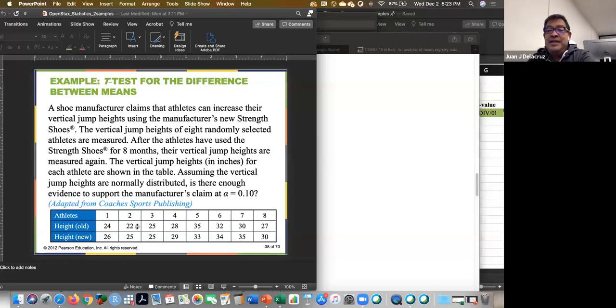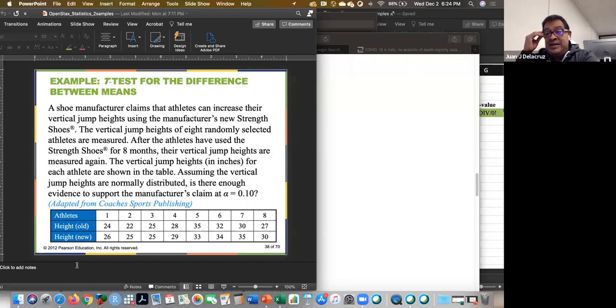If, for example, in the case of the jump, they jumped lower, now with the new shoes, they are jumping higher. Or in the case of Lipitor, they have high cholesterol, and then they have low cholesterol because of the medication. So in this case, it's also based on a sample that is dependent. We have a pre and a post, here an old and a new.